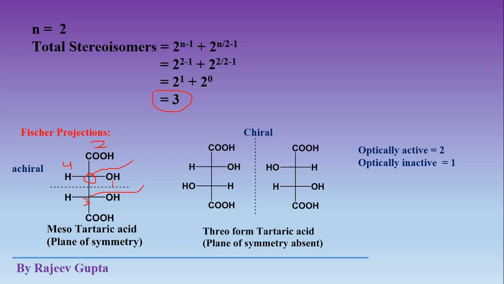So it will get second number. Now move 1 to 2 and 2 to 3. We get this anti-clockwise direction, so it could be S. But the fourth number is present on the horizontal line, so it is R. Change the result. Actually it is R. So this is R.